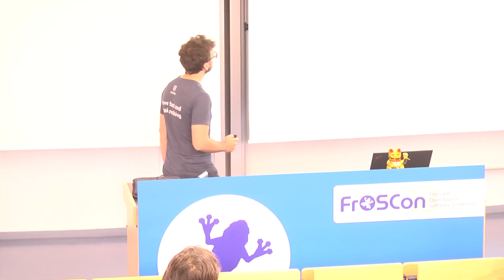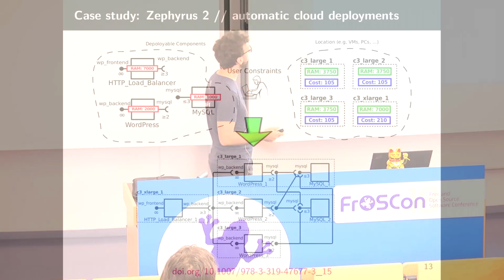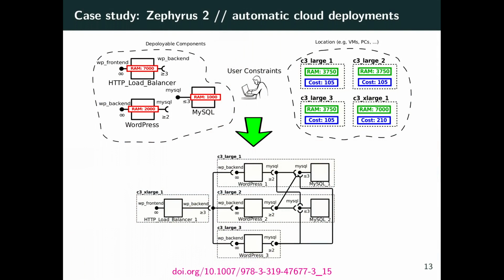And so what we're doing here is we specify these in a formal way where we say, for example, there is our MySQL server. It needs 1 GB of memory, and it can serve at most 3 WordPress instances running in front.